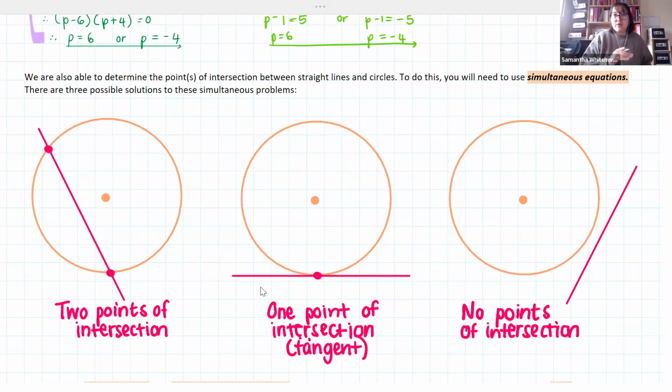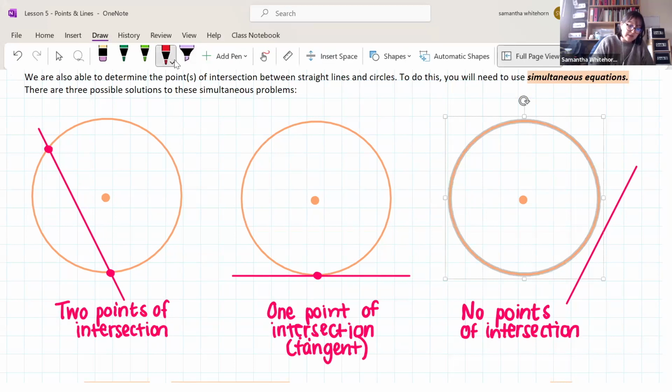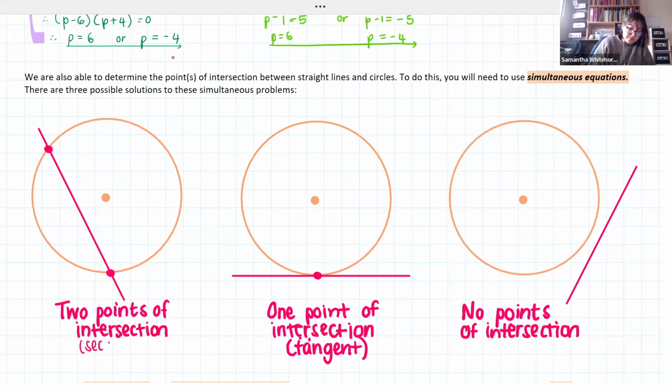Now, there's three possible things that can happen when you're talking specifically about lines and their intersections with circles. The first thing that can happen is that you get 2 points of intersection. And this line specifically is what we call a secant to the circle. So again, you should remember that from your Euclidean geometry from grade 10, 11.